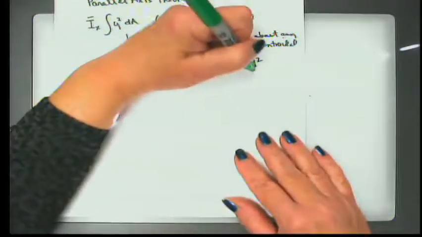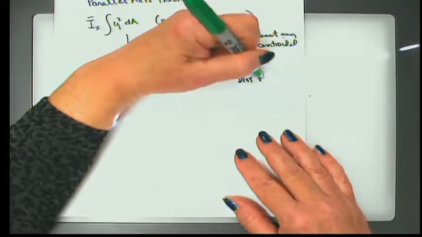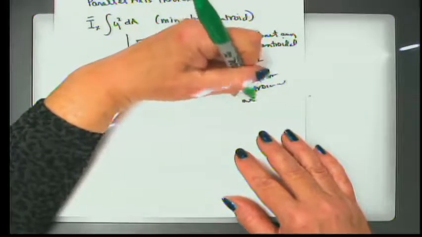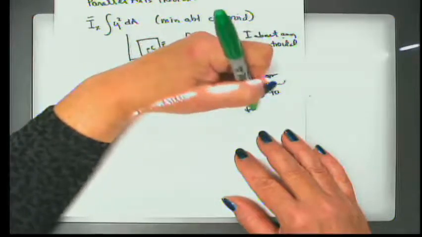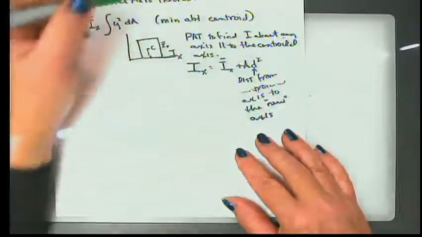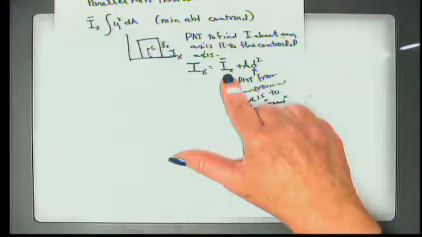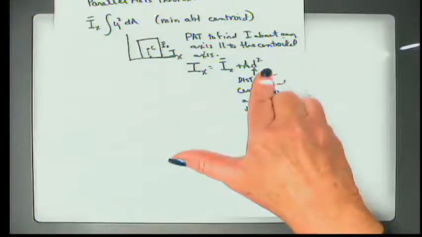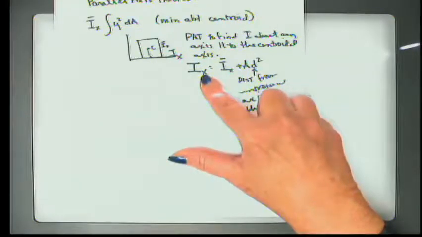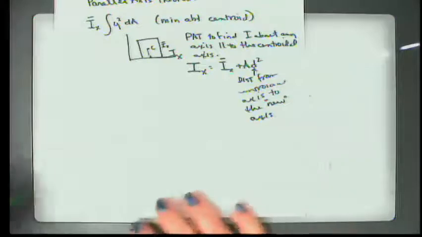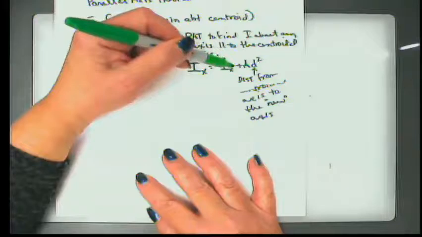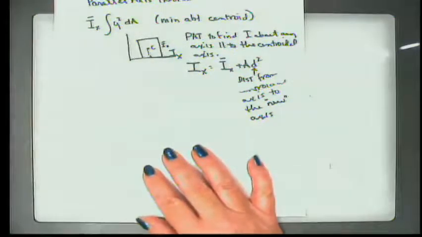D is the distance from the centroidal axis to the new axis, or the axis in question. So in other words, this term is always the centroidal moment of inertia. This distance is the distance from the centroidal axis to this axis, wherever it is, and then A is the area of the shape. And this has, of course, dimensions of length to the fourth, as does this.